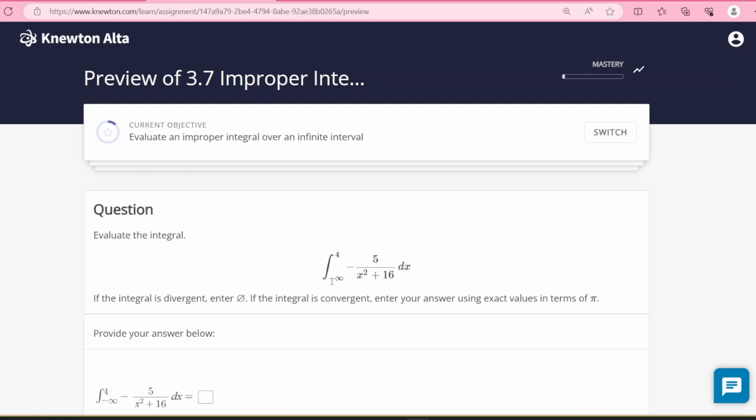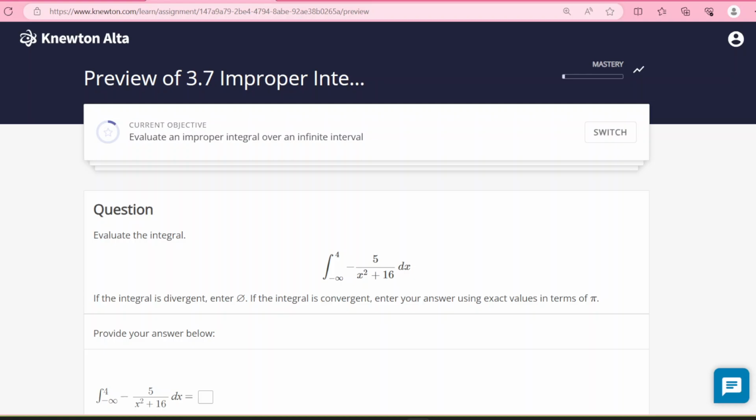So we have the integral from negative infinity to 4 of negative 5 over x squared plus 16 dx. And notice it says enter your answer using exact values in terms of pi. So they're predicting that pi will show up in our answer.